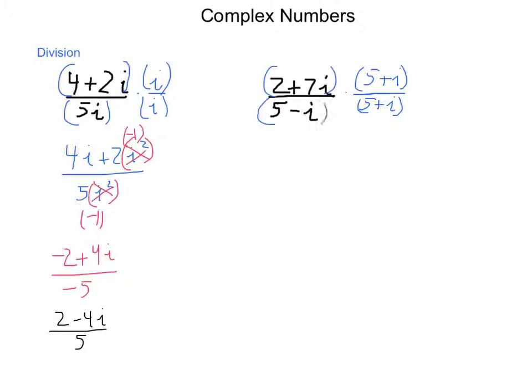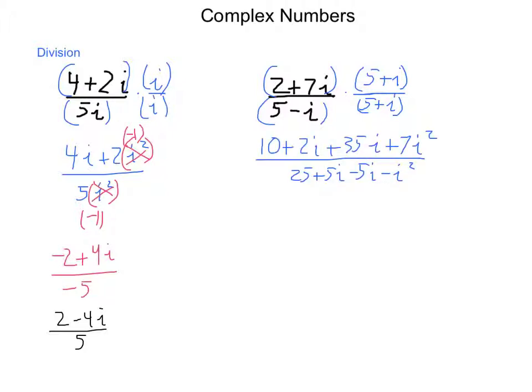Now going through and foiling this out, I receive this information. I can then replace both of these i squareds with negative 1 multipliers, and start combining like terms.